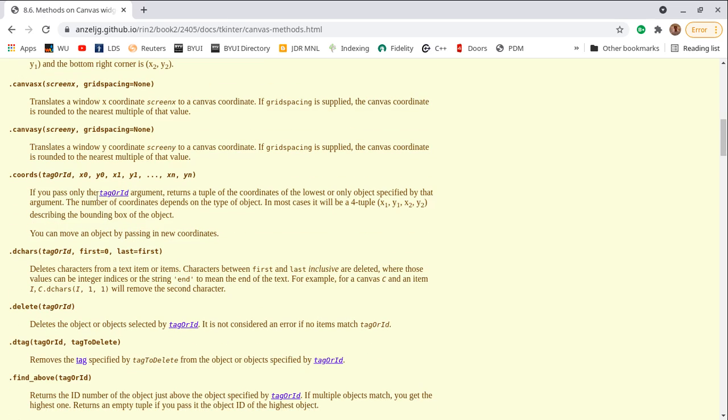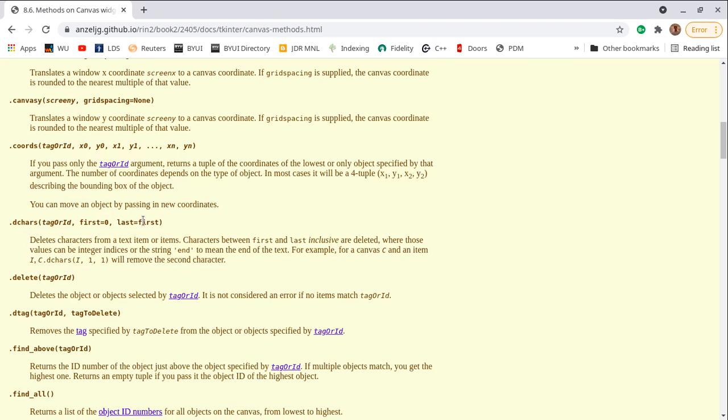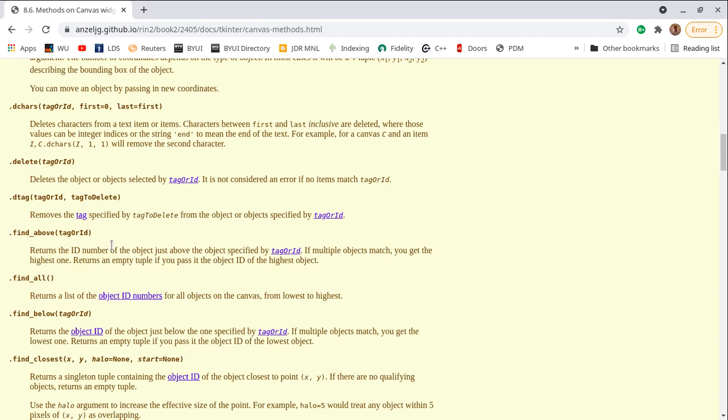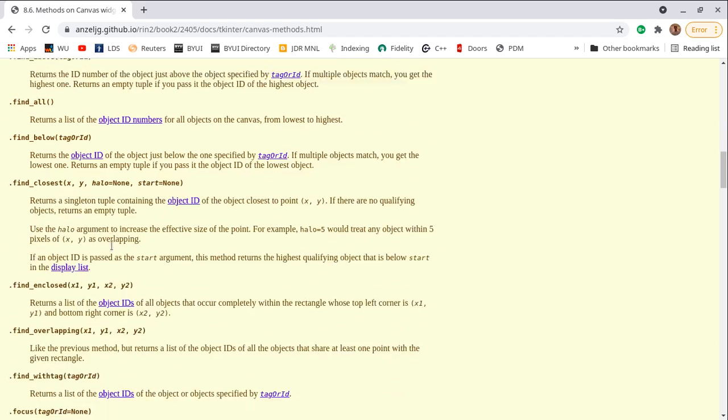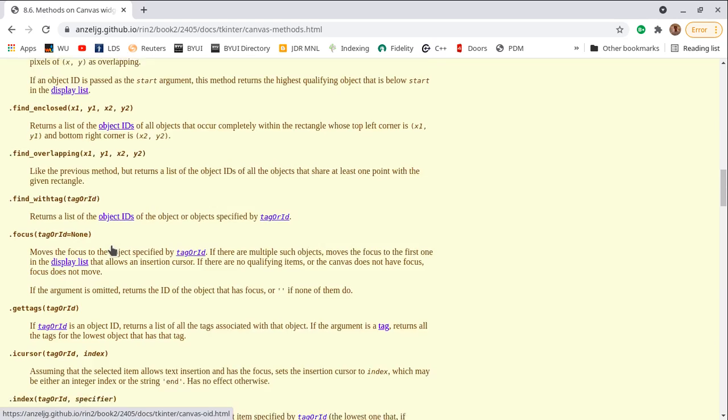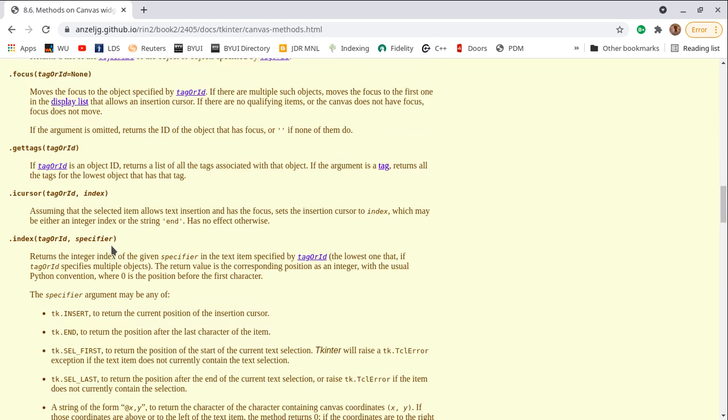Coords can move by passing in new coordinates, yeah. Find closest, find focus.